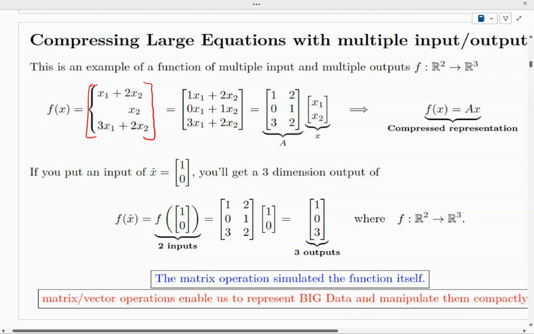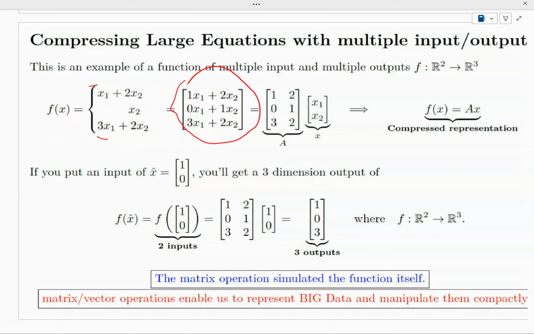This is equal to 1x1 plus 2x2. And this is equal to 0x1 plus 1x2. And this one here is 3x1 plus x2. So we can write it in a vector format and essentially maintain the same information.